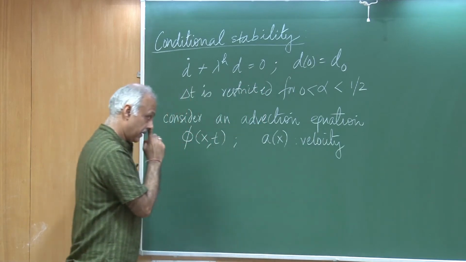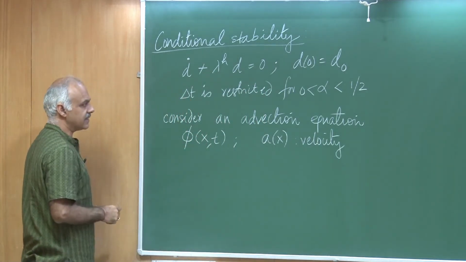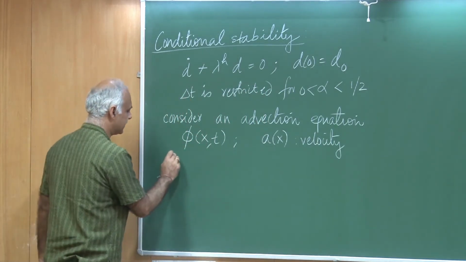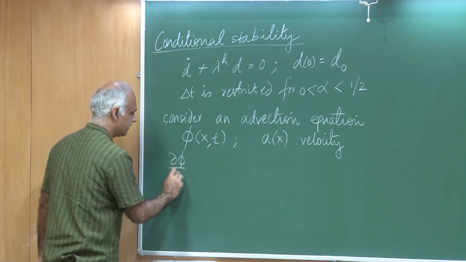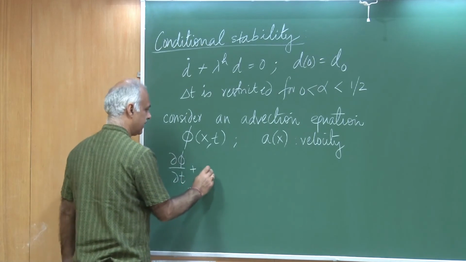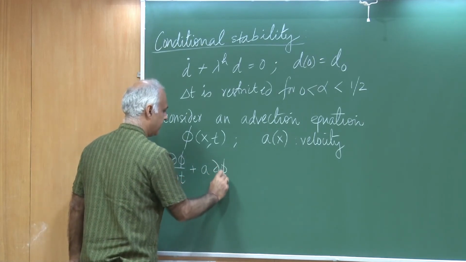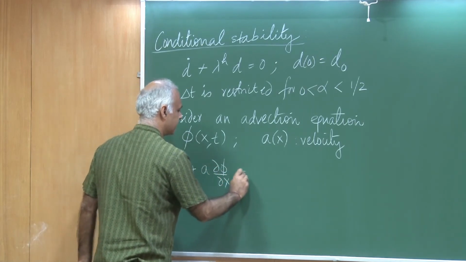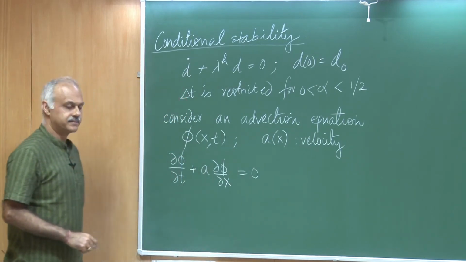Okay. So, the equation that governs this advection equation is del phi del t plus A del phi del x equals 0.